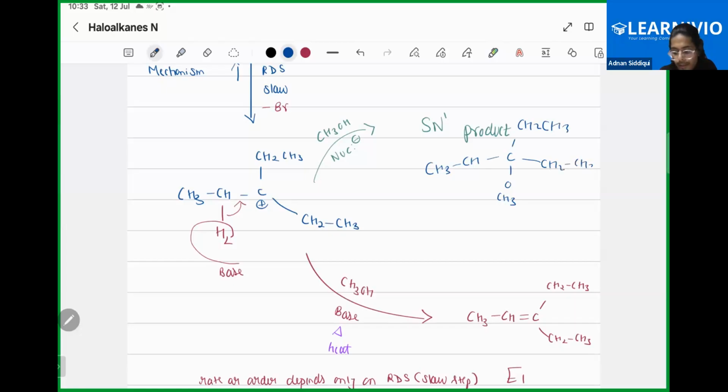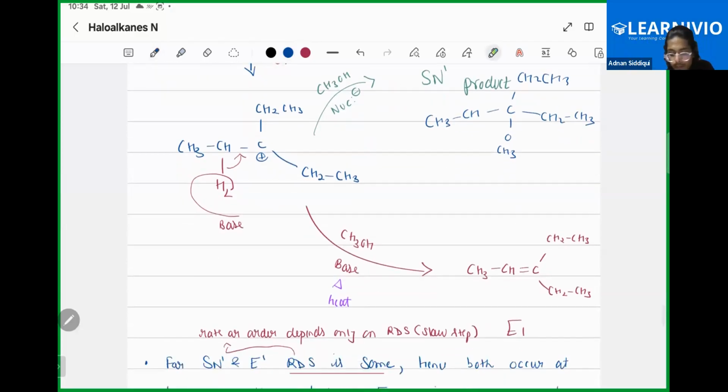You will get a substituted product if your temperature conditions are low. But if you are doing the same process at a higher temperature, for example 60 degrees Celsius, you are just providing heat. So this methanol will now act as a base and give you alkene.